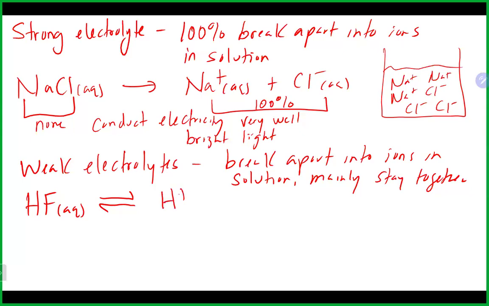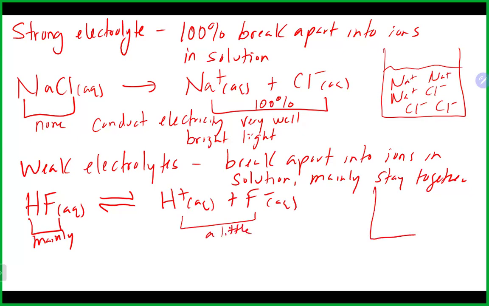When it breaks apart, it breaks apart into H plus and F minus. But when it is in solution, you mainly still have the whole thing together. It hasn't really broken apart. You will produce a little of these. When you look at the beaker, you mainly have those HF units still floating around, no real ions. You have a little bit of F minuses and H pluses floating around, but not a tremendous amount.